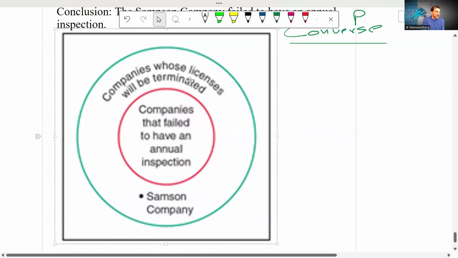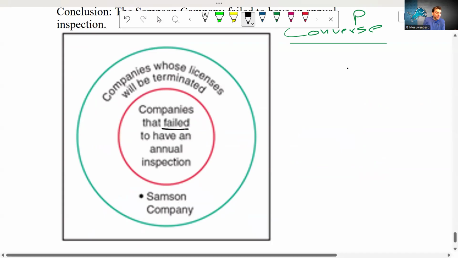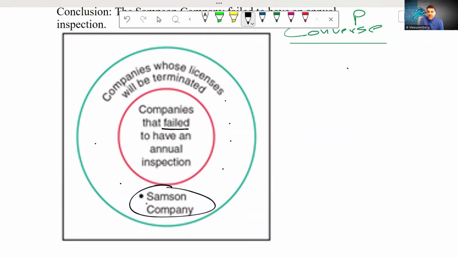There are companies whose license will be terminated. Inside there are the companies that failed to have an annual inspection, right? We know if they failed to have an annual inspection, then their license were terminated. But there are other reasons that they may have had their license terminated. All we know is that Samsung had their license terminated.